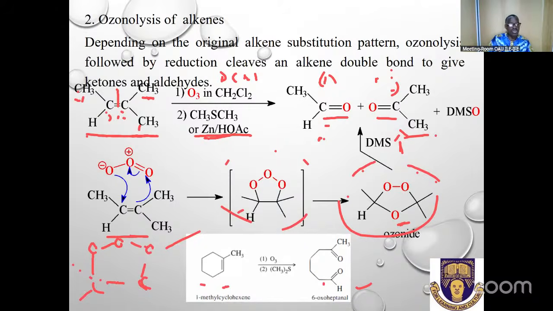One of the things you should remember is that when you subject a cyclic alkene to ozonolysis, you will get just one product. You can see that 1-methyl-cyclohexene, when subjected to ozonolysis, gives one product, which is 6-oxoheptanal. That means there is a kind of ring opening.